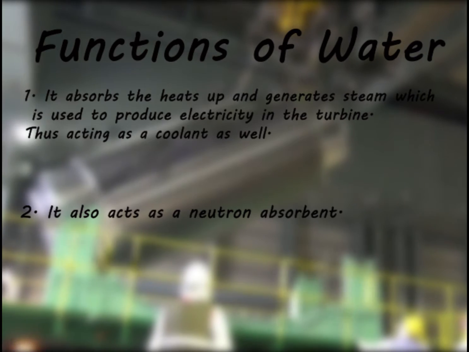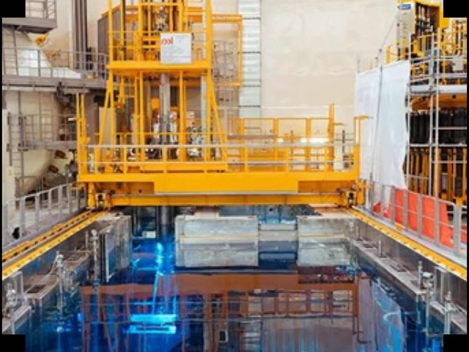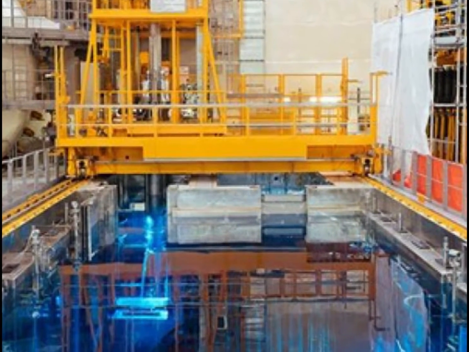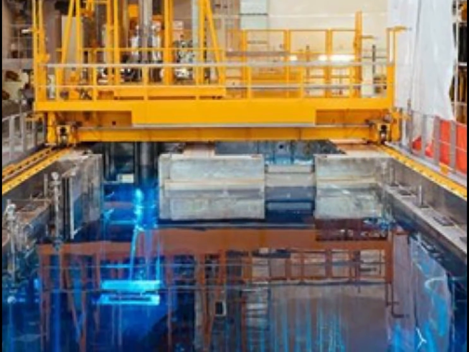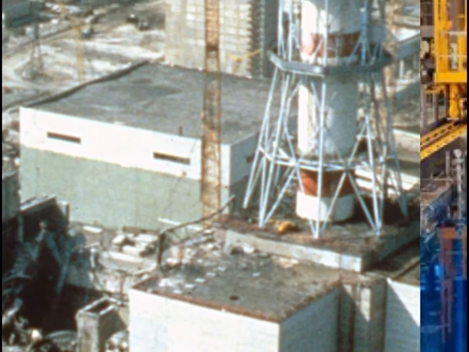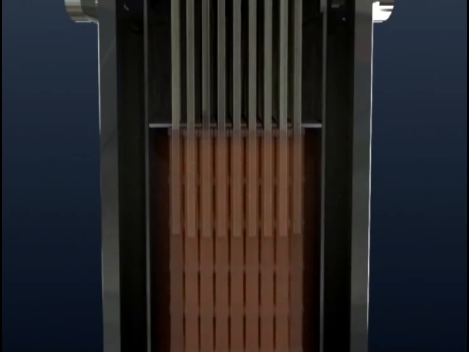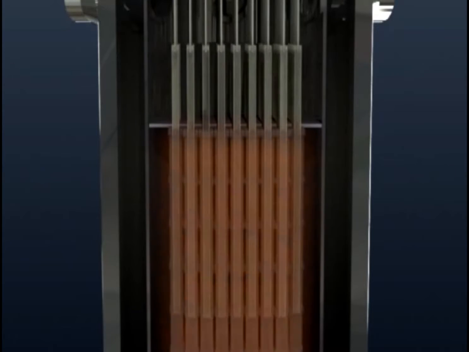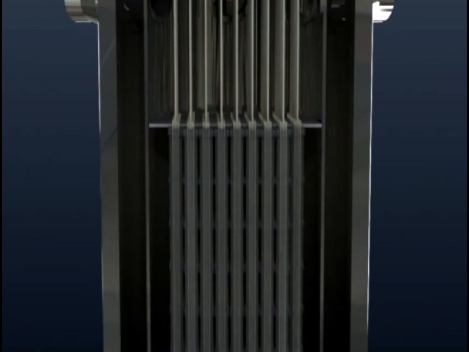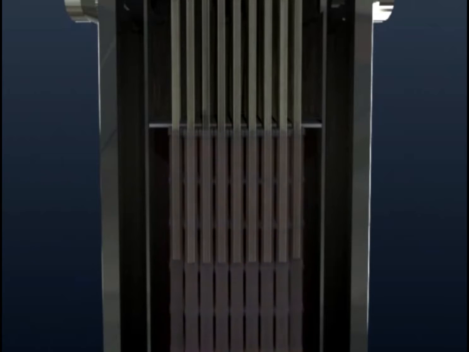Number two, it acts as a neutron absorbent, which is really important because when we talk about nuclear reactions, we really need to control these reactions, as the results could be detrimental. The nuclear reactor also has quite a lot of control rods, which are made up of elements like hafnium or boron, which also absorb neutrons. So you do understand how important it is to control the reaction, right?